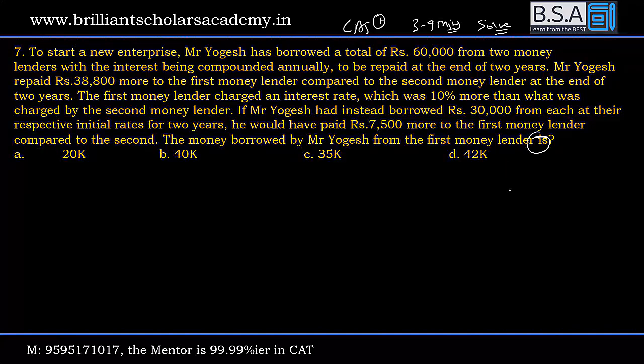So here you are dealing with three variables. One is money borrowed from the first, money borrowed from the second, and the rate of interest. You are dealing with three variables.